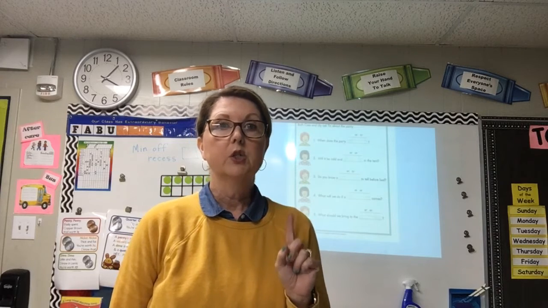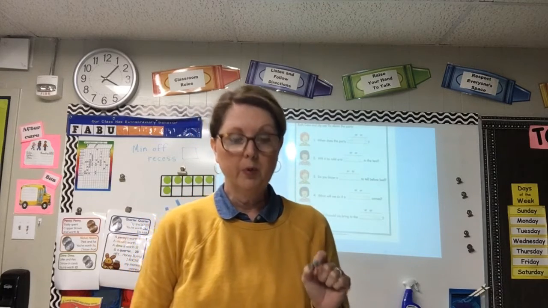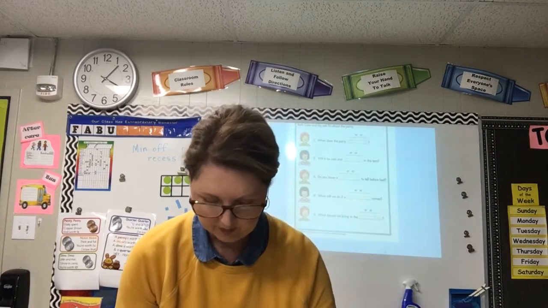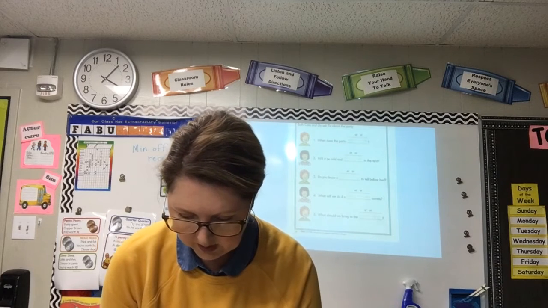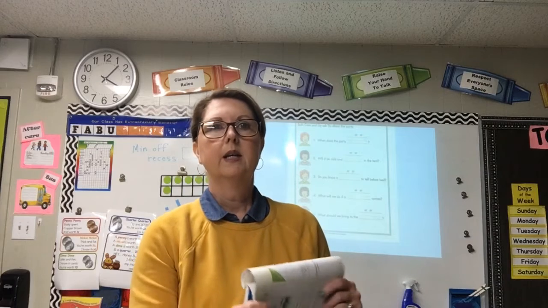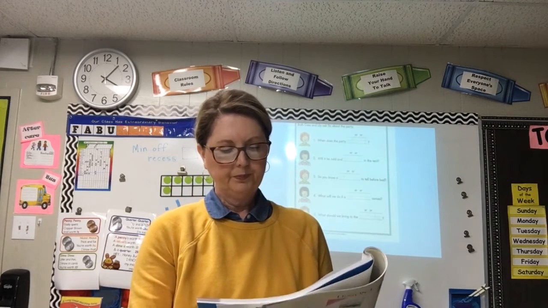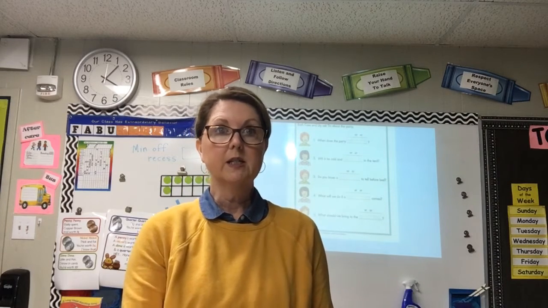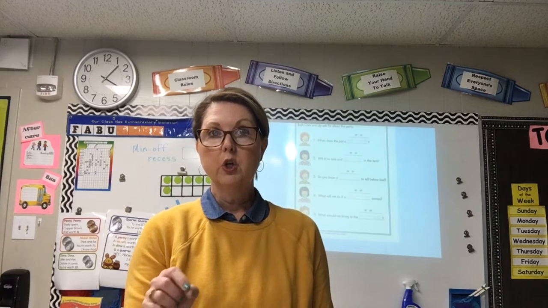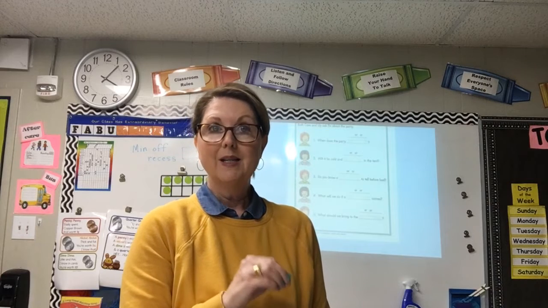All right, so first of all, Super Kid Workbook. I'm going to get that and turn to page 72. On this page, you can see it on the board, it says that we're going to finish the sentences by choosing the correct sound to finish the word so that it makes sense in the sentence.